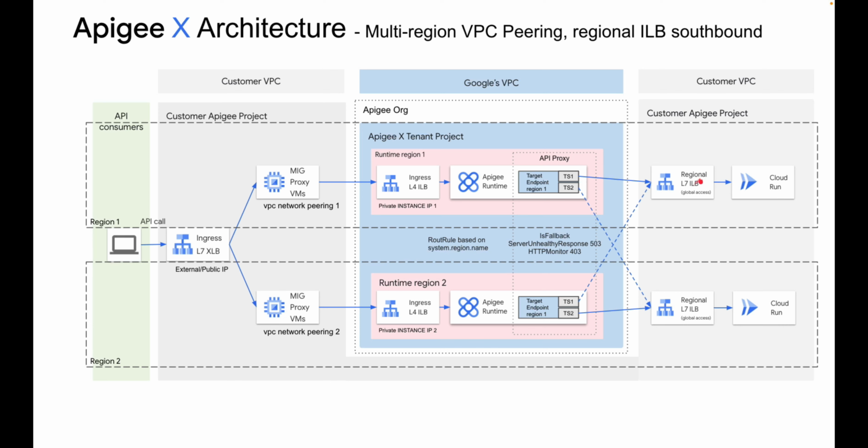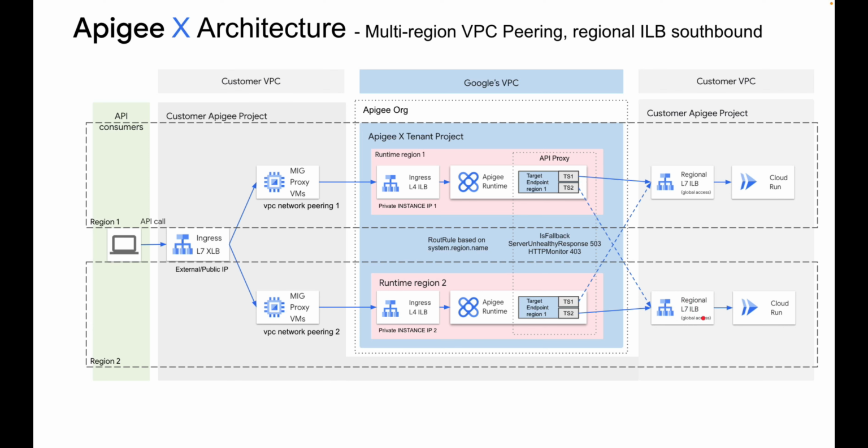If the internal load balancer has global access, it can be accessed not only from the API in the same region, but also from an Apigee runtime that has been instantiated in another region. So the regional internal load balancer in region 1 can be accessed by Apigee in region 1, but also by Apigee in region 2. The same goes for the other regional load balancer implemented in region 2.